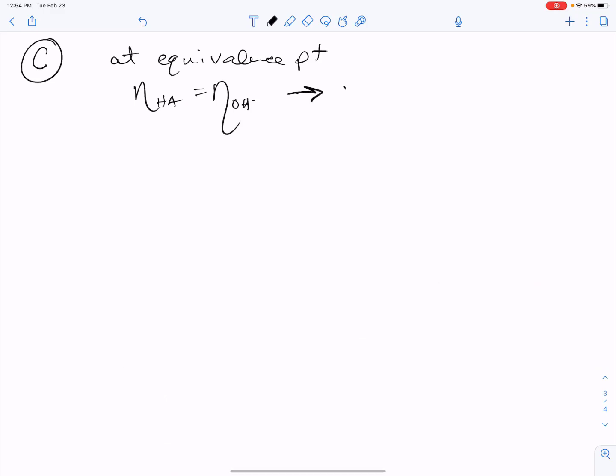So I know that I started out with 0.0025 moles of HA, and at this moment that equals my moles of sodium hydroxide. And so what I can do is use the molarity equation, molarity equals moles per liter, to figure out my volume at the equivalence point.